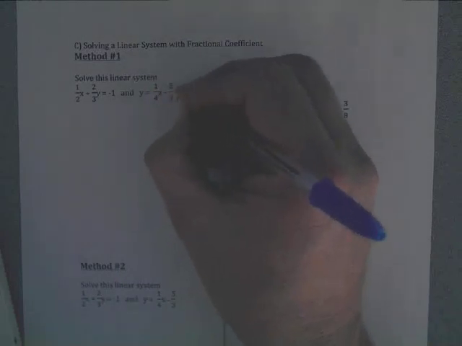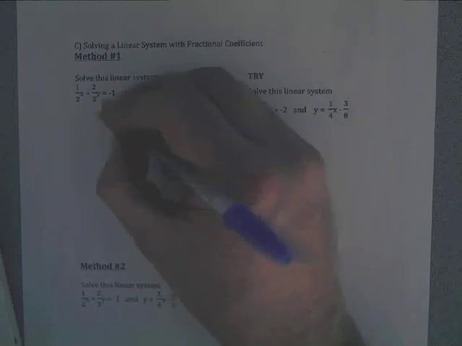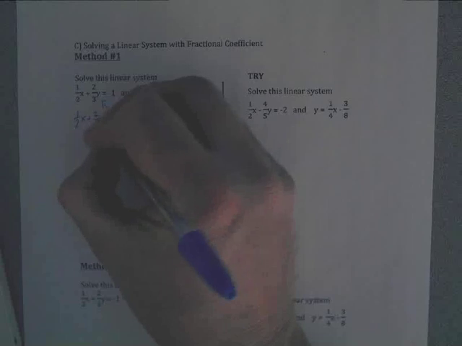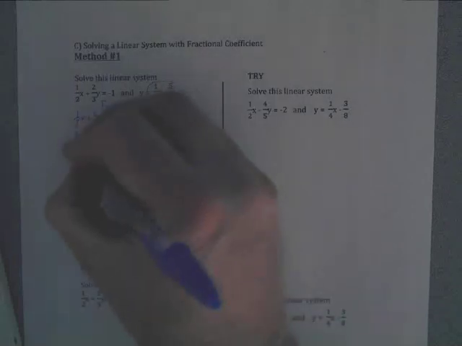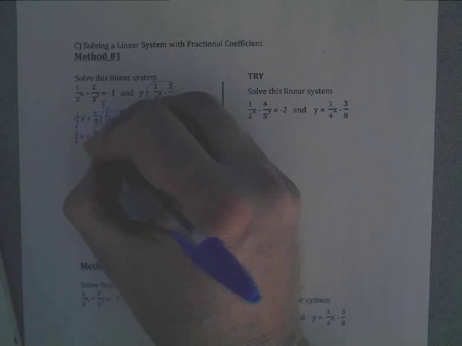Once again, I see here y is equal to 1/4 x minus 5/3, so I'm going to throw that in for my y. So 1/2 x plus 2/3 times (1/4 x minus 5/3) equals -1. So 1/2 x plus 2/12 x.